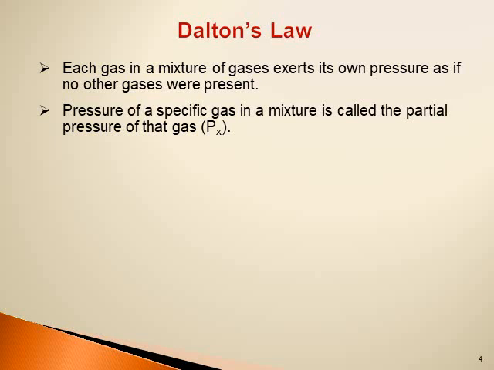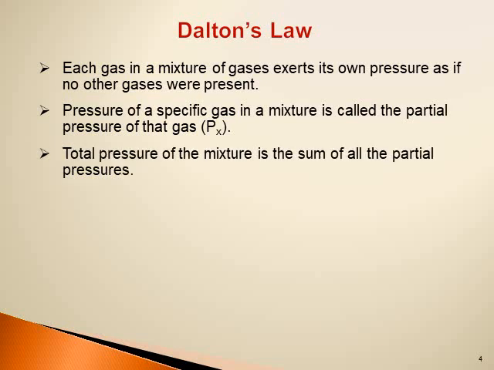The pressure of a specific gas in a mixture is called the partial pressure of that gas. The total pressure of the mixture is the summation of all the partial pressures of gases in that mixture, and we'll see a practical example of Dalton's law, which is the atmospheric air.